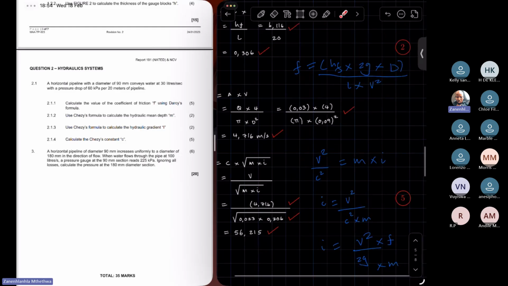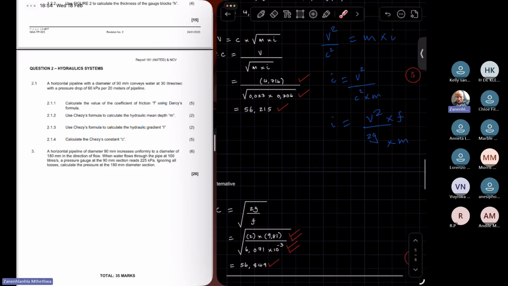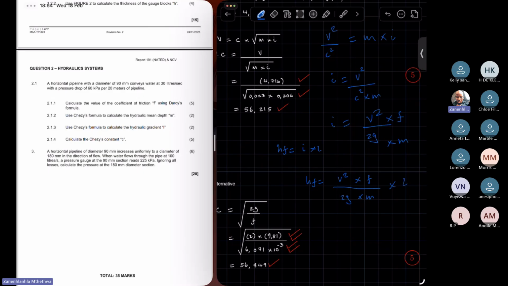Because if you use this, it means you used HF is equal to I times L, and then HF is equal to V squared times F over 2G times M, and then times L here.